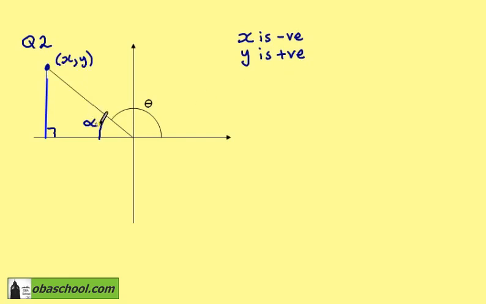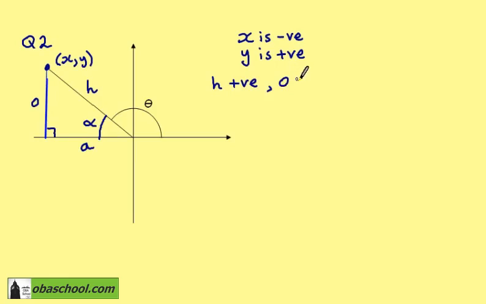So when we mark the hypotenuse, the adjacent and the opposite onto our triangle, h is positive. H is always positive, as the hypotenuse is always considered just to be a length.